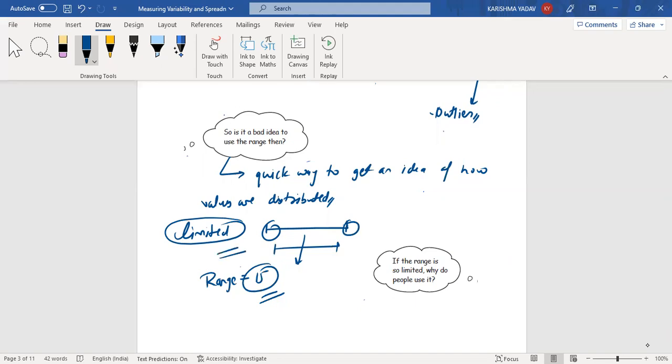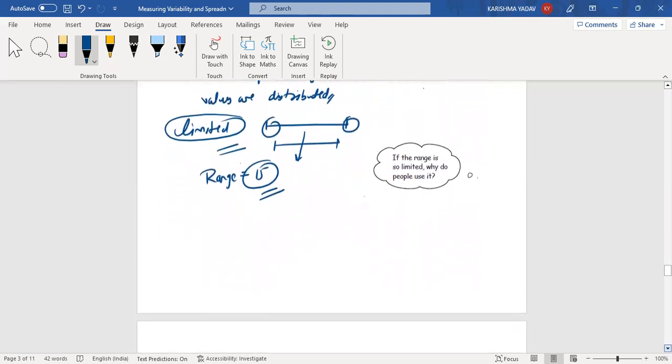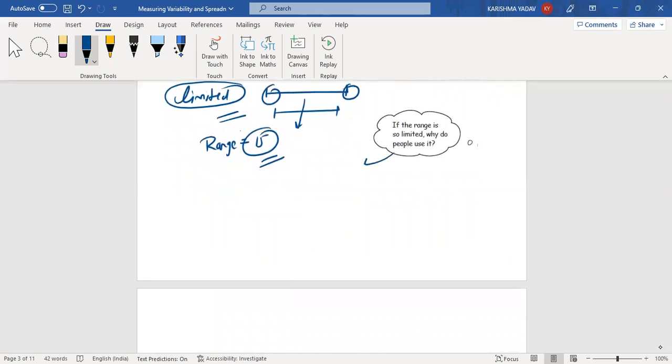Now the question arises: if the range is so limited, why do people use it? Because it is so simple. The range is so simple that it is easily understood by lots of people. What do we have to do? We have a data set, and we just subtract the lowest value from the highest value.